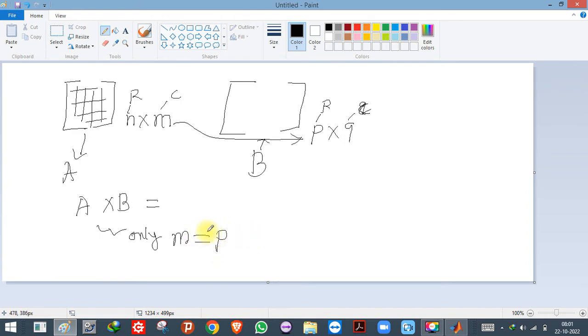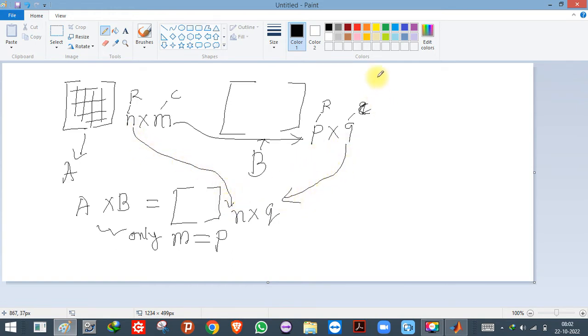If m is not equal to p, then this multiplication is not possible. So make sure you always keep this in your mind while working in MATLAB. So if I multiply A cross B, what will be the new size of my matrix? N cross Q. This n and this q.